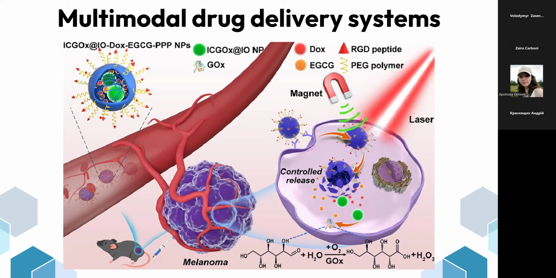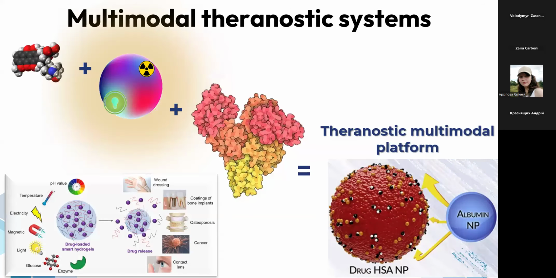And with this goal, the idea was to incorporate once again the radionuclides and fluorophores into one multi-facet toolkit, and to generate multimodal drug delivery systems that can achieve both therapeutic and imaging functions.